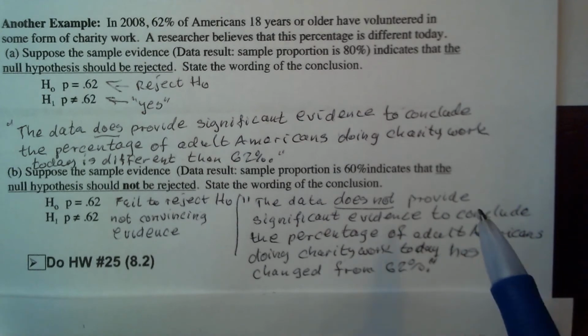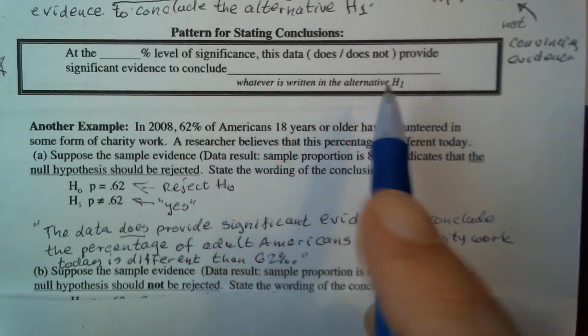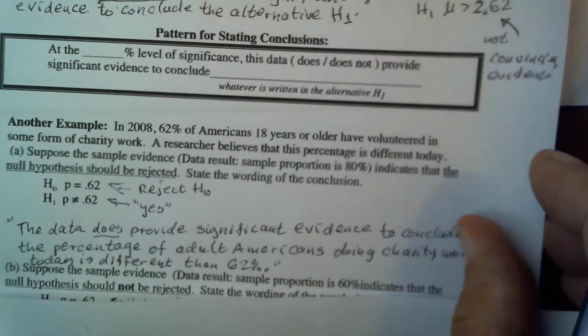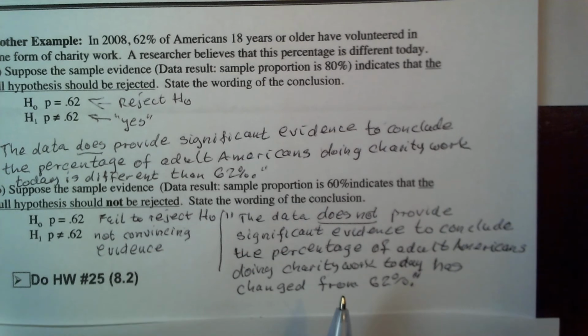So again, by following the pattern that was written in the black box here, you can come up with a good statement, and I'd really recommend you practice this, because writing the conclusions is integral to hypothesis testing.